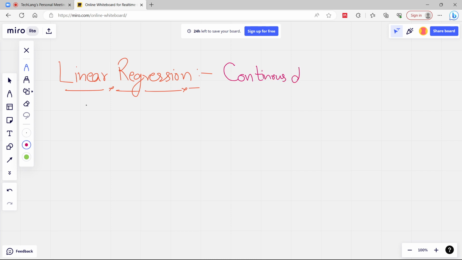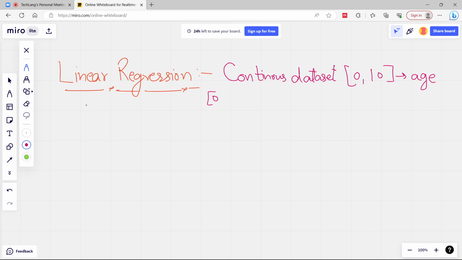So what is a continuous dataset? It has some range, say between 0 to 10, and this is the range for age, right? The person's age lies between 0 to 10, which means a person with 0 age is just born.